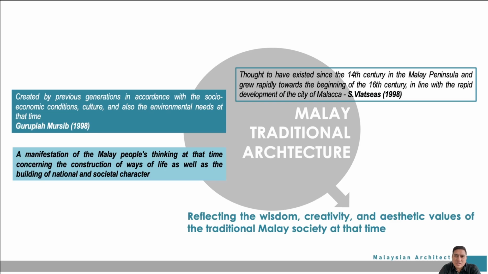But if we look back from the Malay traditional architecture perspective, the people during that time simply built their houses according to needs, which is the environmental needs. Malaysia has a lot of trees, so the material of our buildings during that time was timber. Even the culture: why is the house elevated on stilts? There is some philosophy behind that.